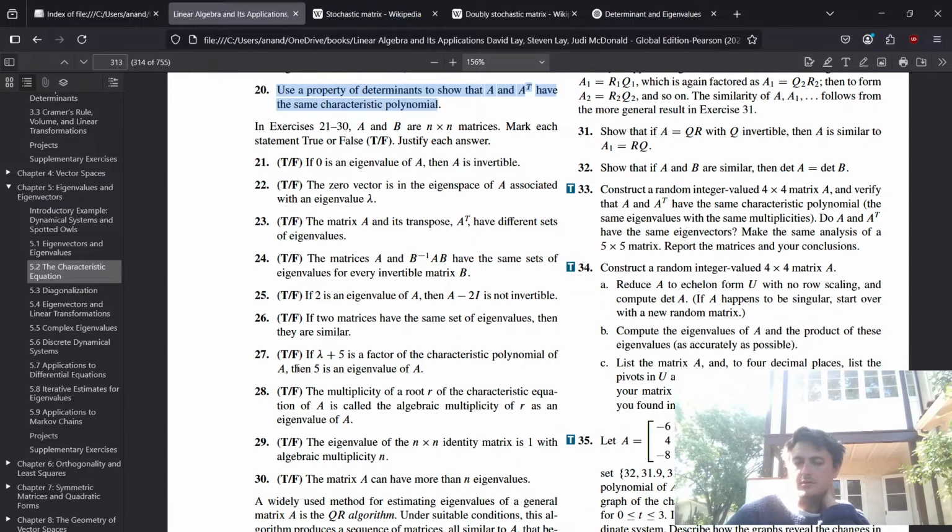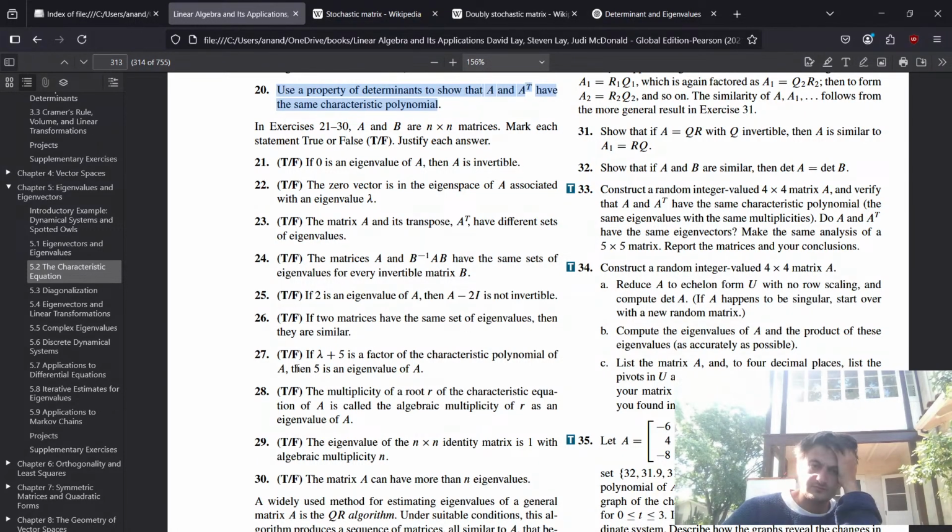A x equals lambda x, so we have A x equal to 2x. Then we get A minus 2I. Yeah, and because eigenvectors have to be non-zero, 25 is true. 26 is false.